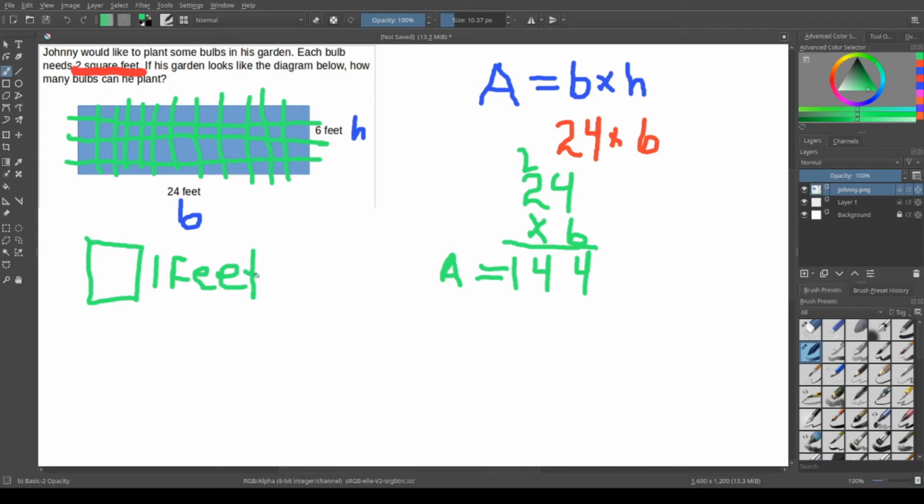But in the word problem, it said I need 2 square feet. Here's 1 square foot. To get 2 square feet, you must divide. Now, when it's 2 square feet, as you probably know, I'm going to be taking up more space, since it becomes 2.